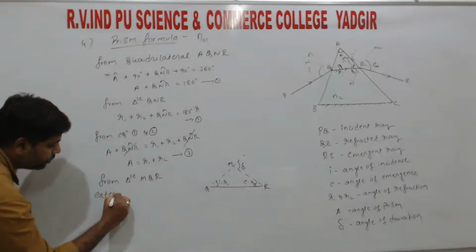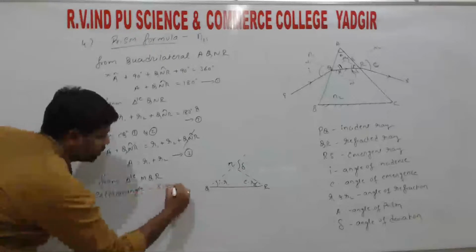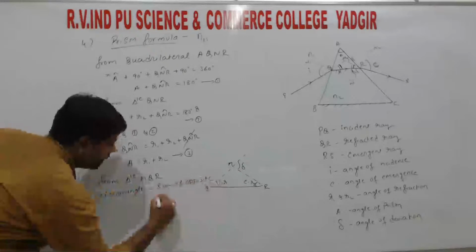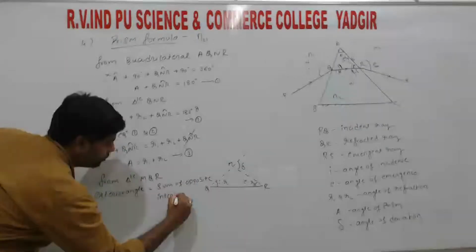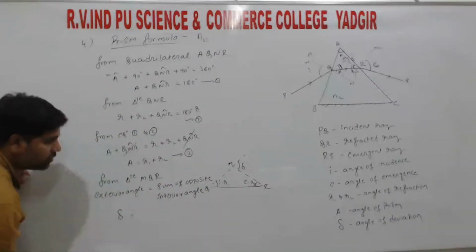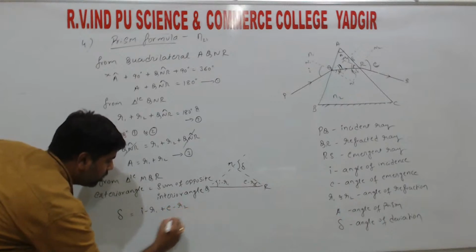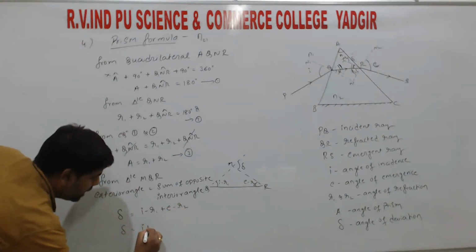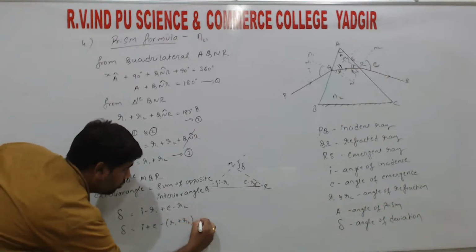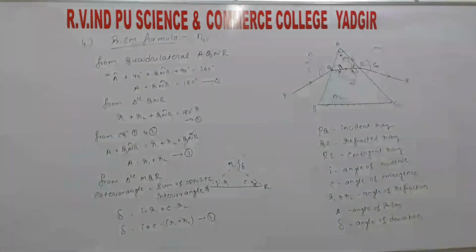So exterior angle is delta, that is equal to I minus R1 plus E minus R2. So we can write that is I plus E minus R1 plus R2. Calling this one as the fourth equation, right?